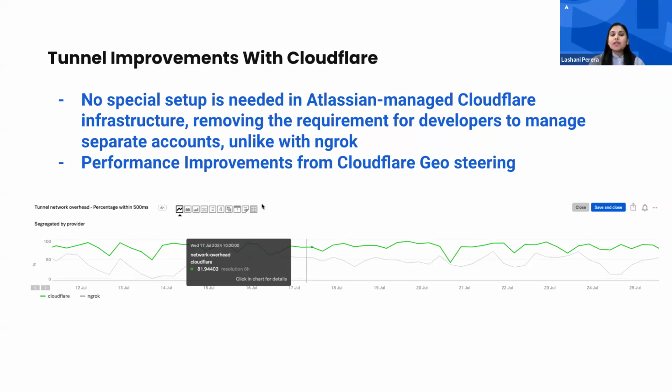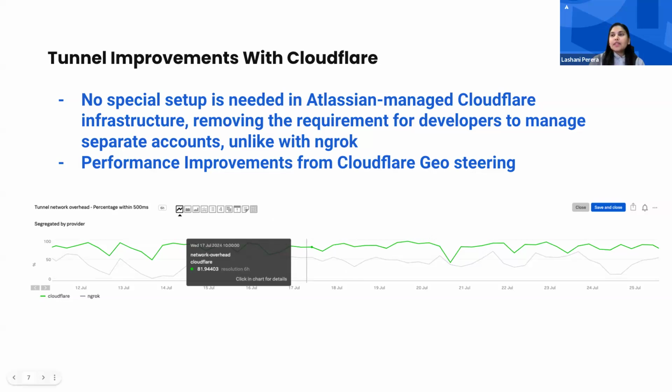What that means is, with Cloudflare multi-region support, traffic is directed to pools associated with specific countries or regions, unlike with Ngrok, where we were bound only to the US region due to some limitations with the flow. We have noticed around 80% within 500 milliseconds of network overhead with Cloudflare, and around 50% with the Ngrok flow.